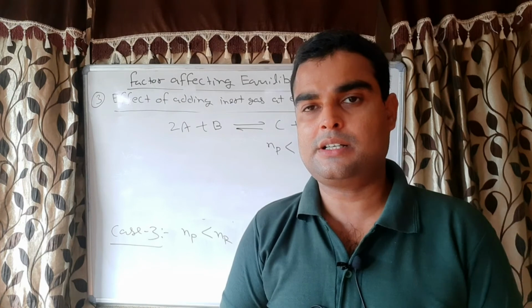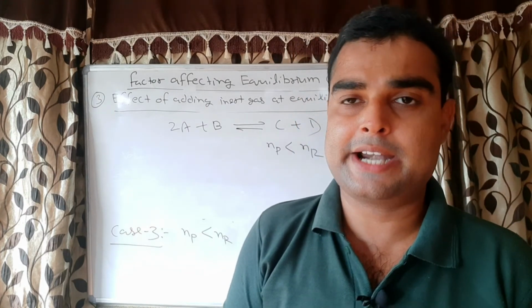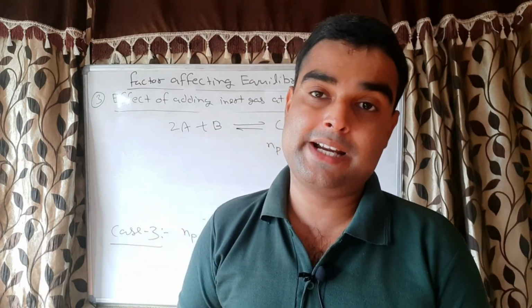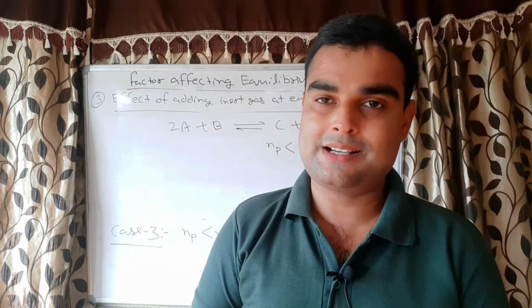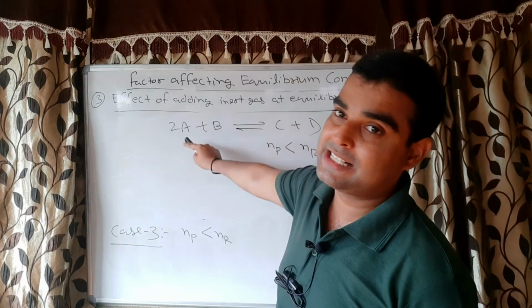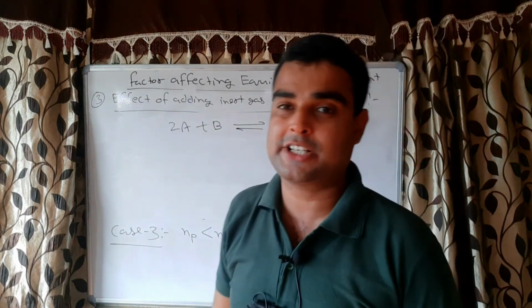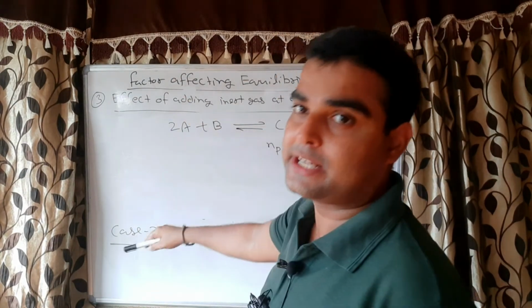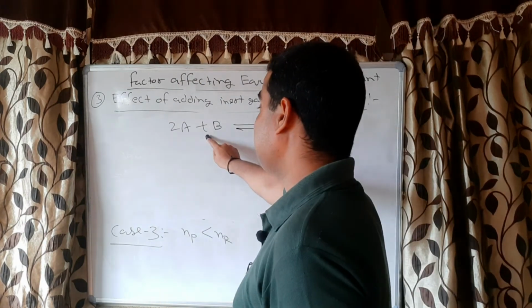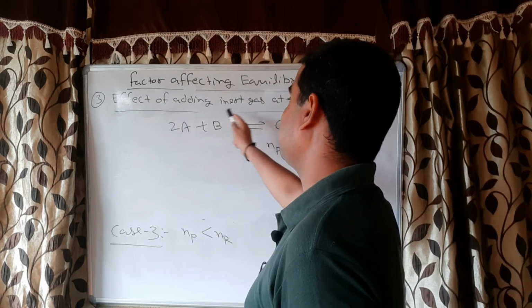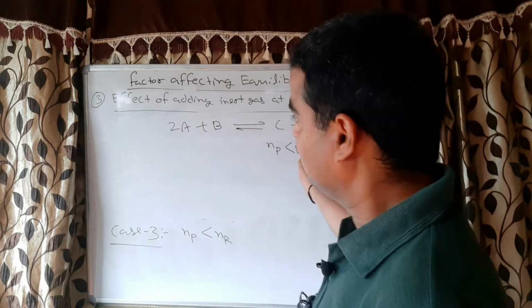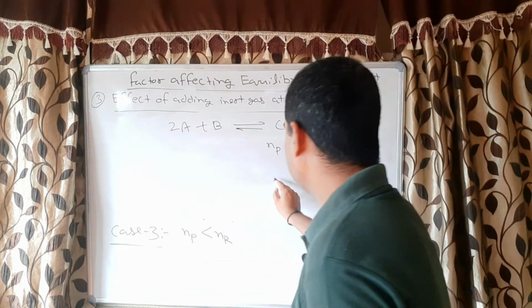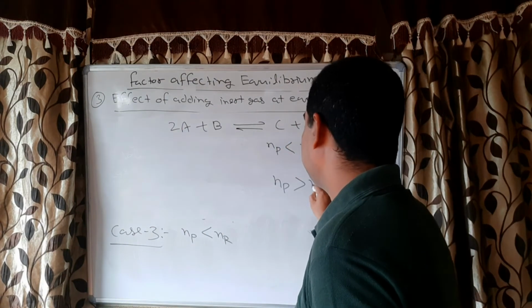Now we are increasing the concentration by adding the inert gas at equilibrium. I have already told you inert gas means it will not take part in the reaction, but since it is increasing the concentration, so as per the Le-Chatelier principle, the concentration of the reactant should decrease. And how it will decrease? By carrying the reaction in forward direction, correct? And when it will carry the reaction in forward direction, means it will make NP greater than NR, correct or not?